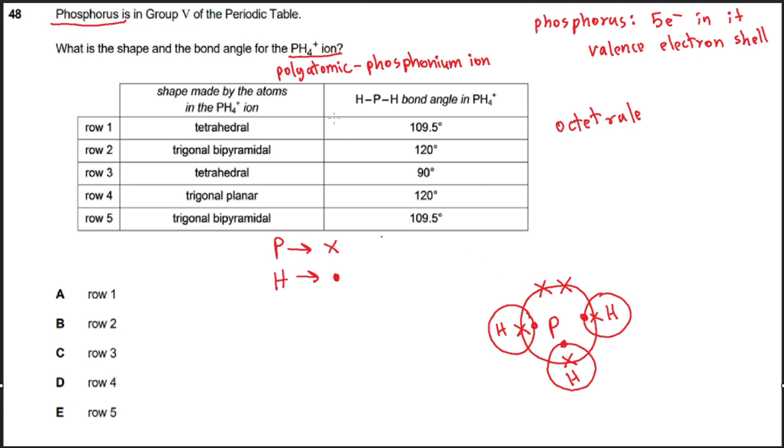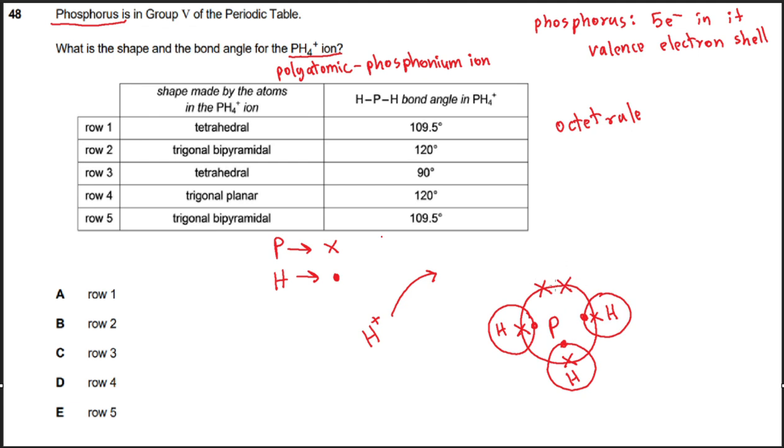But now it also has a fourth hydrogen. How is it going to form a bond with it? It's not going to form a normal covalent bond because it's not an actual hydrogen atom, but a proton. Basically, it has no electron, just a proton in its nucleus. So this proton will form a bond with the phosphorus lone pair of electrons.